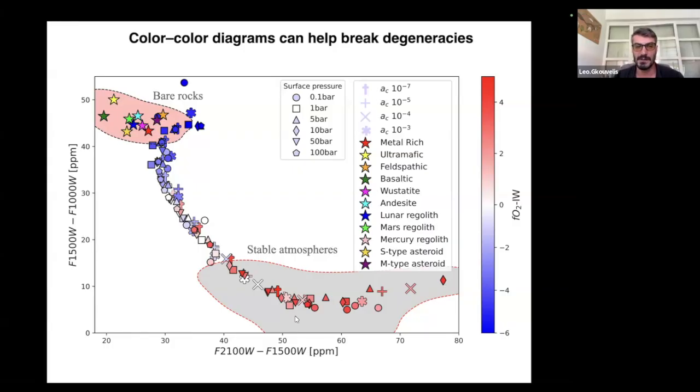And something here which is a surprising result for us is that the only thing that matters in this distinction is the redox state, so the chemical inventory of the interior of the planet. The surface pressure and the graphite activity don't actually matter for this observability. Of course, now you would say, okay, this is only the gas, right?